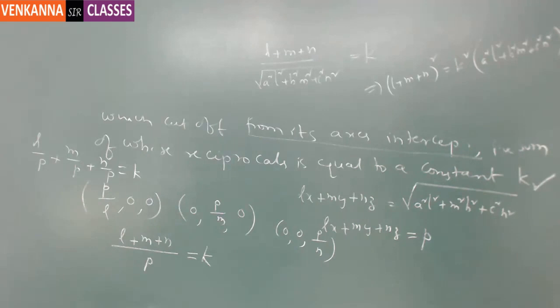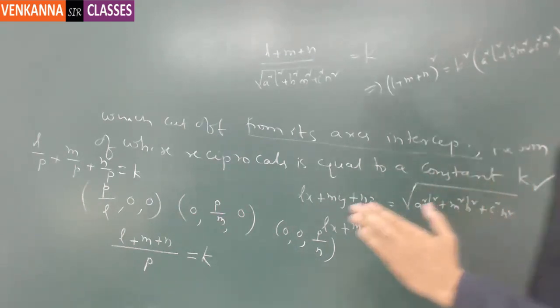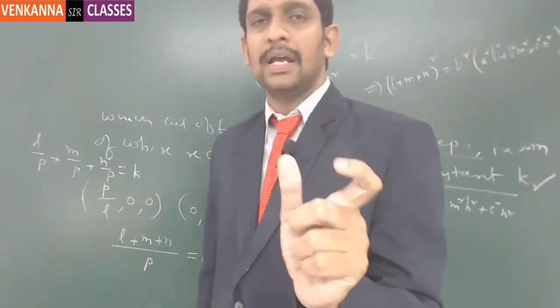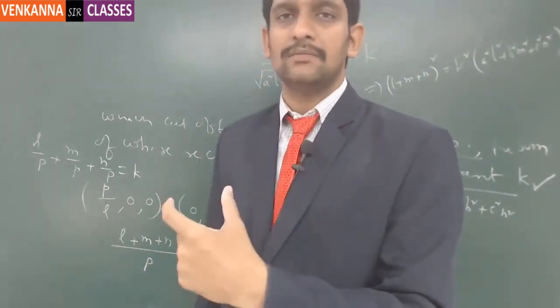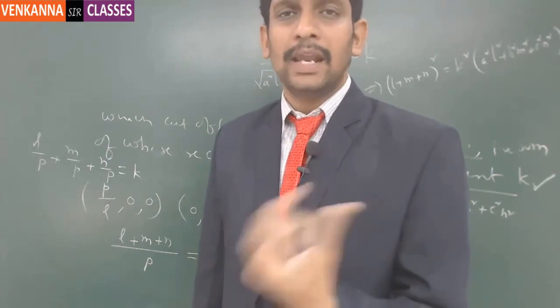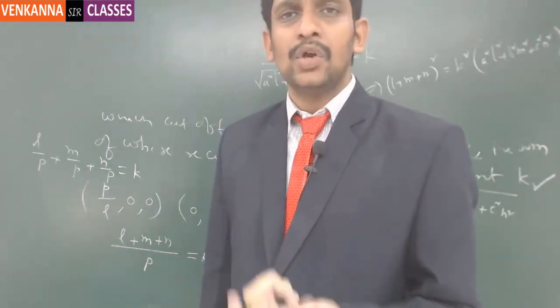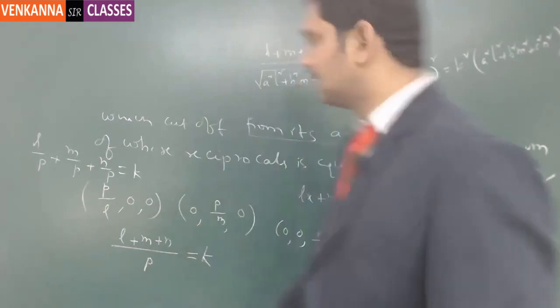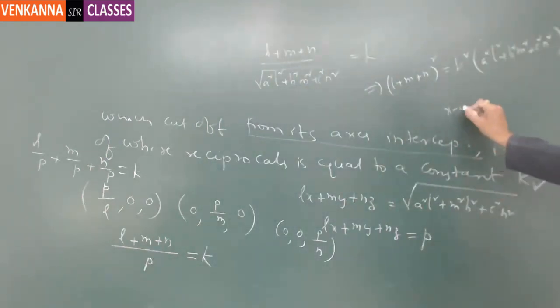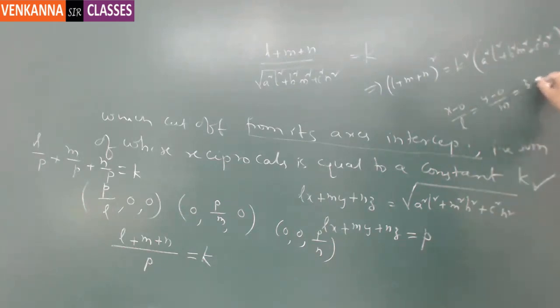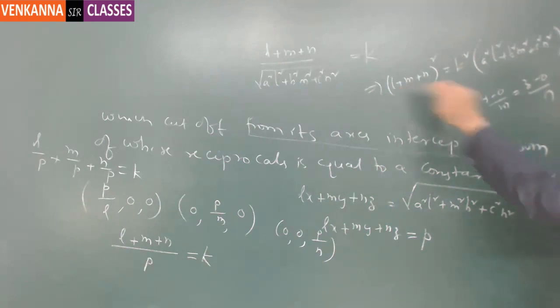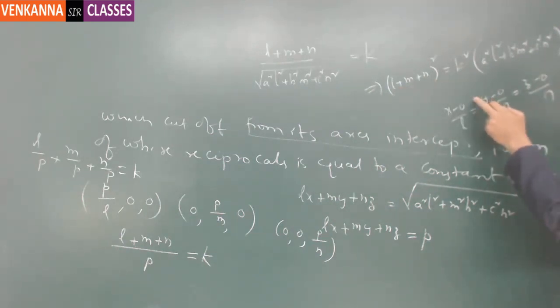Now, the last point of the problem is to consider the foot of the perpendicular from the origin to this plane. How do you write the line equation to calculate the foot of the perpendicular from the origin? It is nothing but (x − 0)/l = (y − 0)/m = (z − 0)/n. So in place of l substitute x, in place of m substitute y, in place of n substitute z.